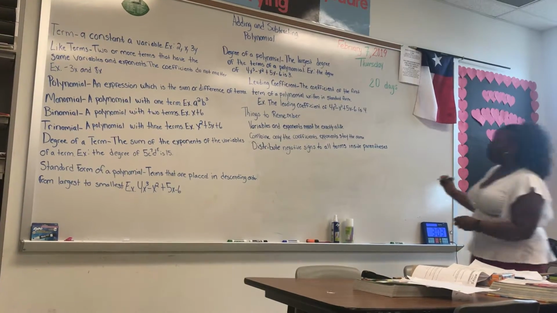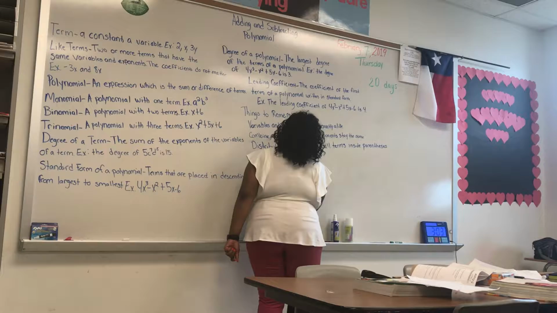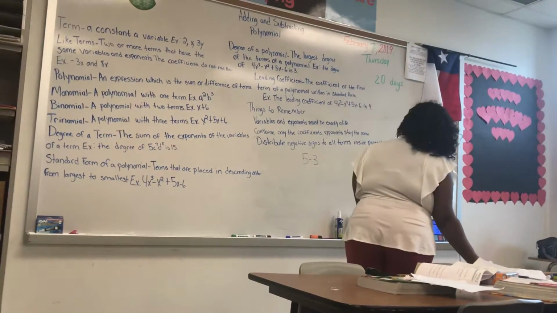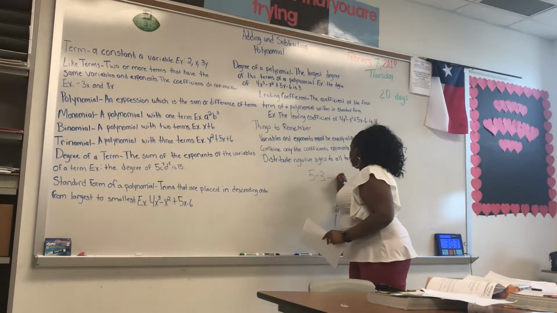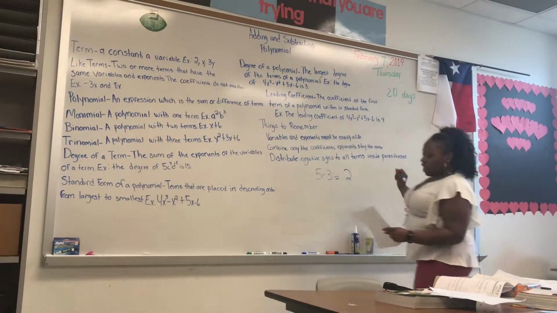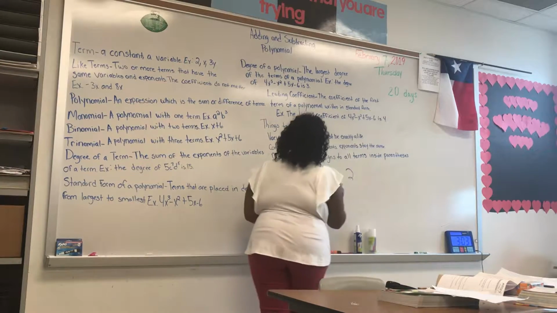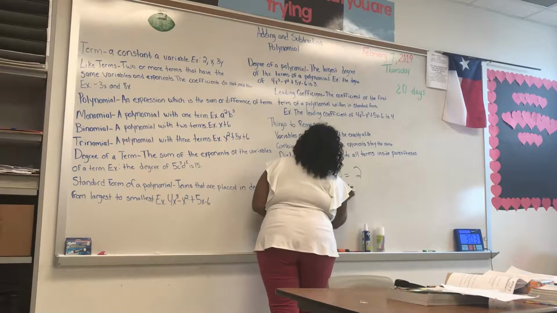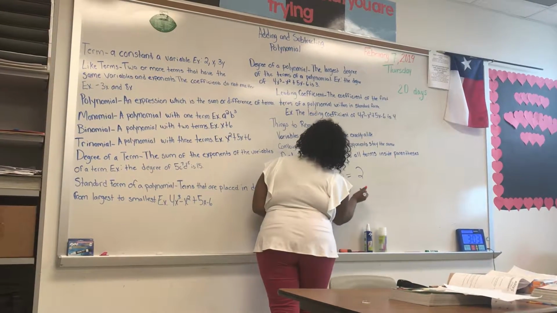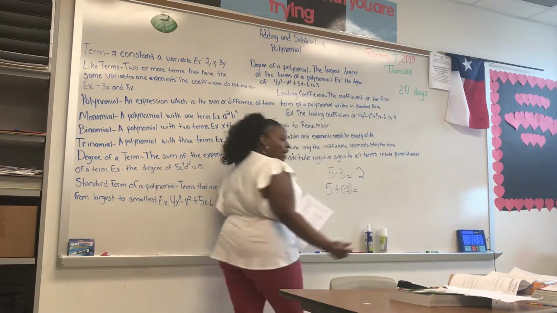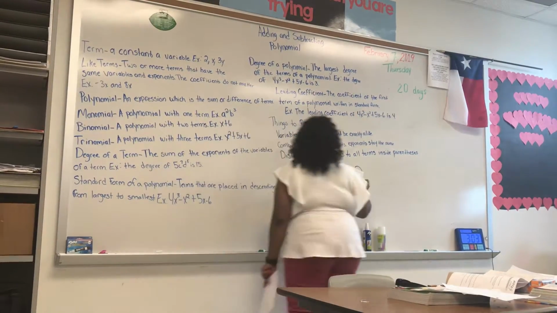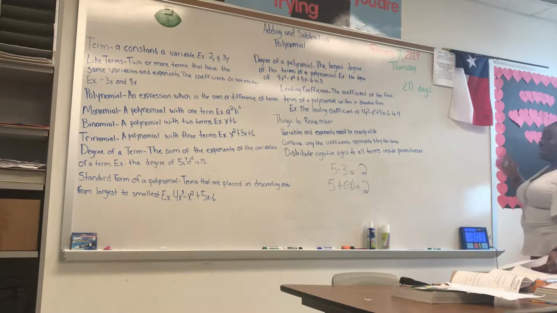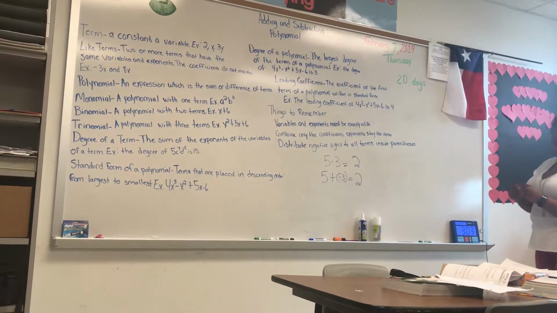For example, 5 minus 3 is equal to... So this is the same as 5 plus negative 3, equals what? 2. This is important to keep in mind as we go along with doing our subtraction.